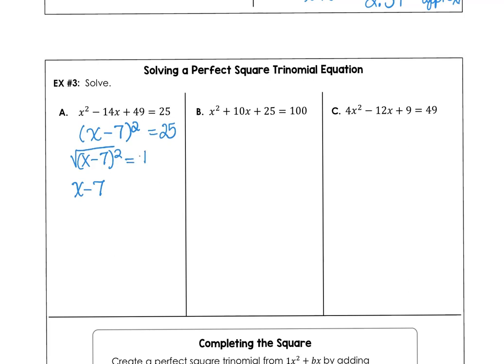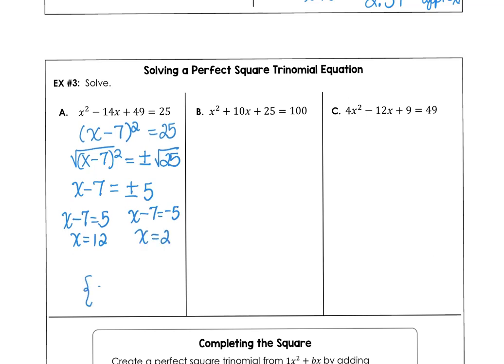But you've got to remember you're doing the square root approach, so you're introducing the positive or the negative, and the square root of 25 is plus or minus 5. So you've got two situations to solve. x minus 7 is 5, so x could be 12. Or x minus 7 is negative 5, so x could be 2. So we have two solutions, positive 2 or positive 12.